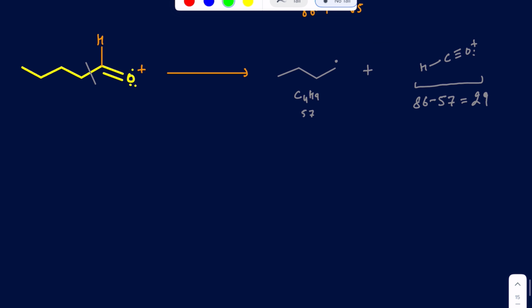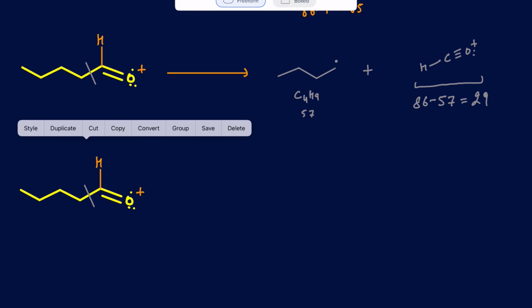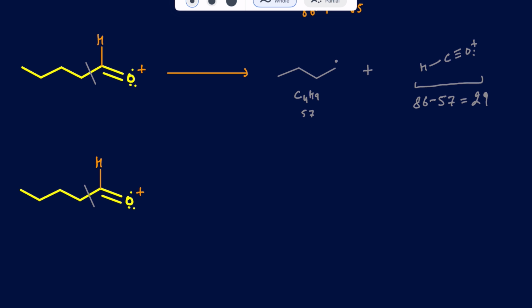So let's talk about that. So I'm going to have this guy right here, and I can show you the mechanism a little bit here. So I'm going to draw this in an acyclic form actually. So this is alpha, that's beta, and that's gamma.